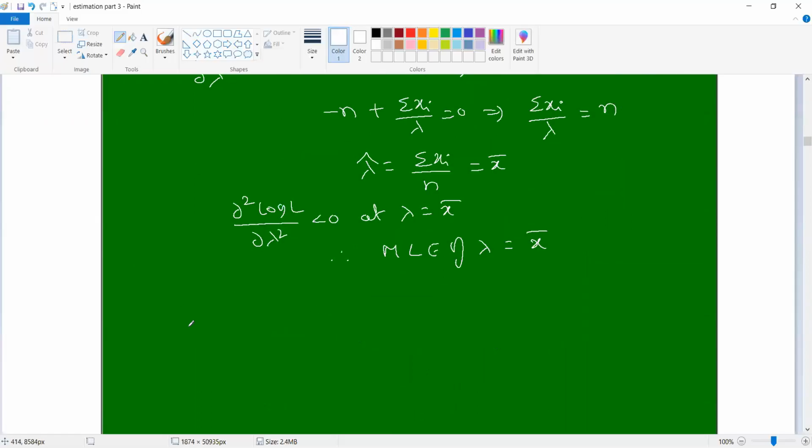Next, second example. Example 2. Xi follows Bernoulli 1 comma theta, i is equal to 1 to n, and so on n.